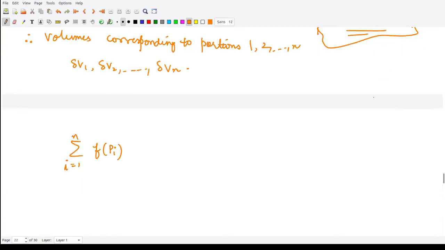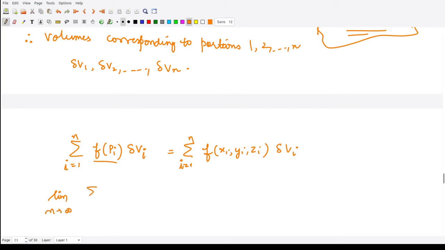So we wanted to calculate the volume defined for this particular function. It would be the sum of the function values calculated at the point Pi times the small volume delta Vi, right? And what is the function's value at the point Pi? The coordinates for the point Pi are given to be xi, yi, zi. Now what if I take the limit of this sum whenever n goes to infinity?